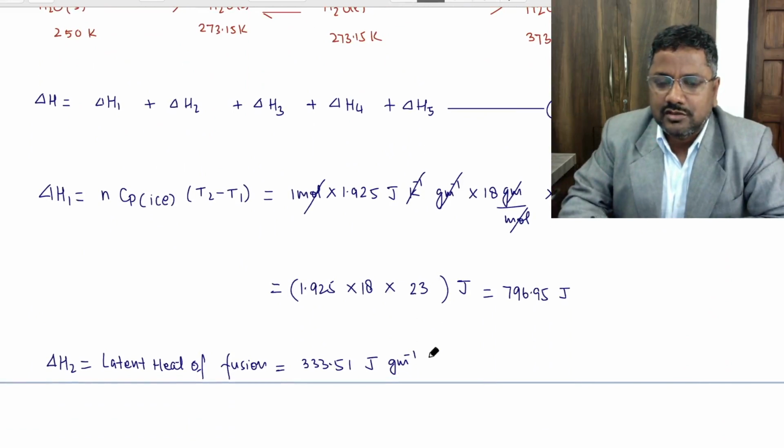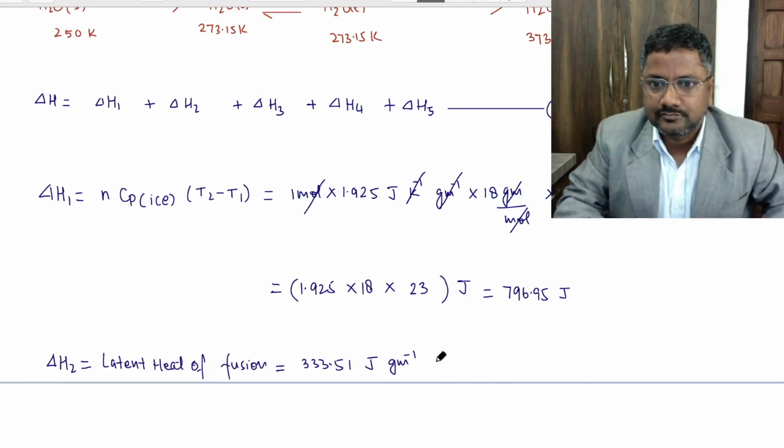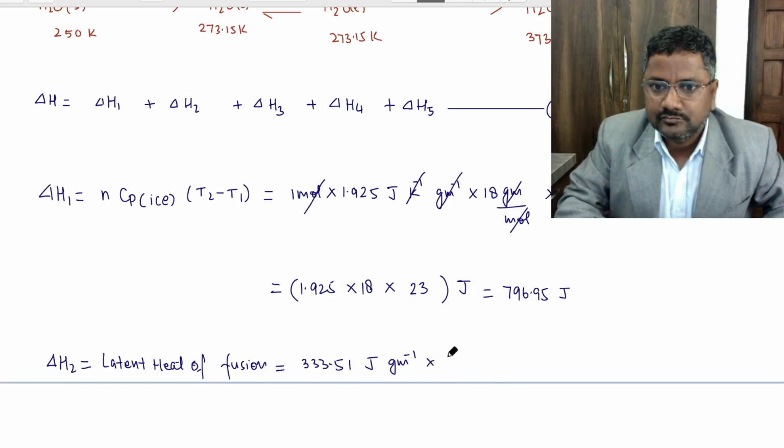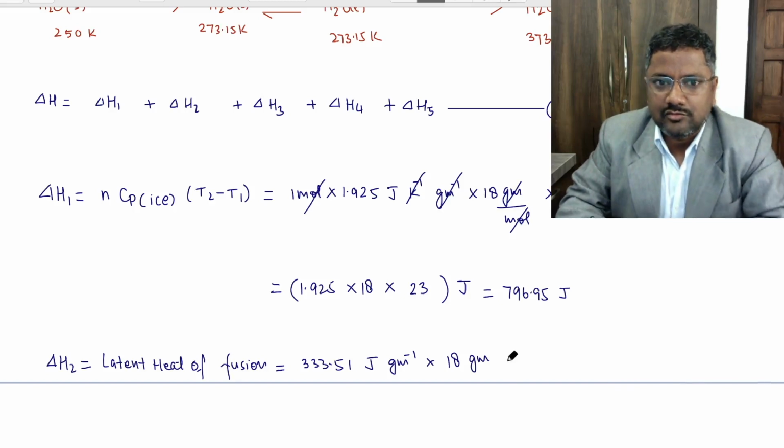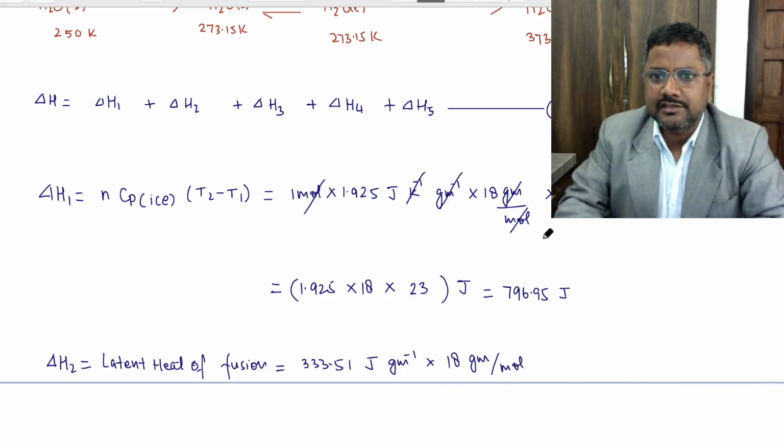So you have to convert into moles, multiplied by 18 grams per mole. Basically this is also for 1 mole we are taking, so this is joules per mole.